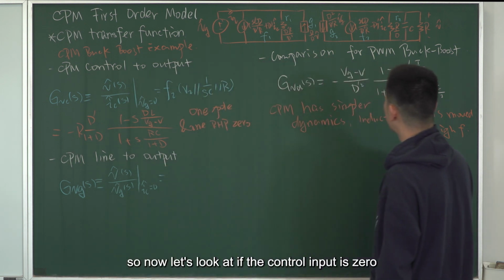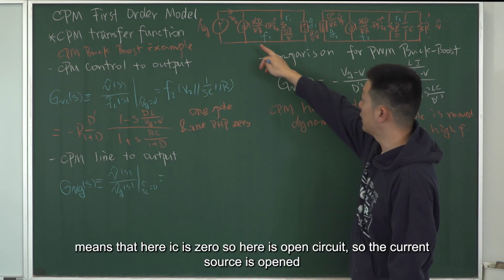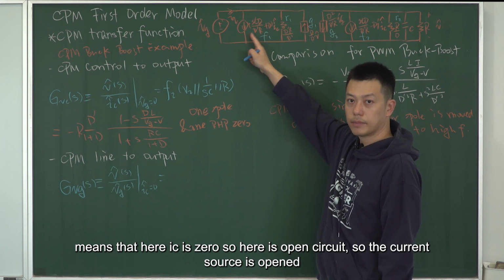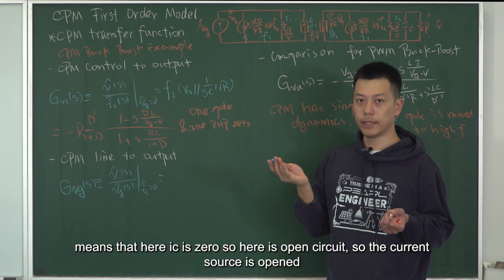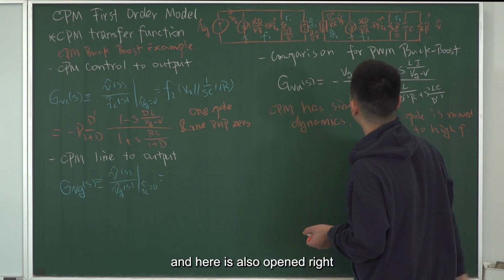If the control input is 0, it means IC is 0, so the current source is open. And here is also open.